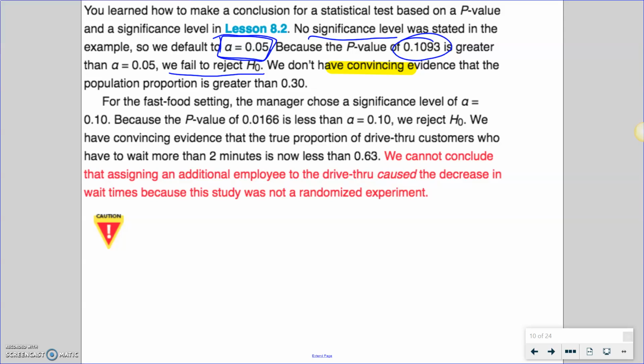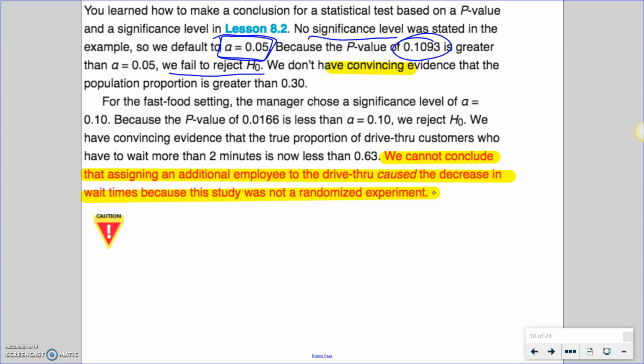Something I want you to think about as an extension thought: remember, we cannot conclude that assigning an additional employee caused the decrease in the wait times. Like I mentioned earlier, I was like, oh, the extra employee, that's why they're waiting longer. There are so many other factors that could have led to that data. We can't say cause and effect in that way. It's like in your science classes, you just assume that this one thing changed it.